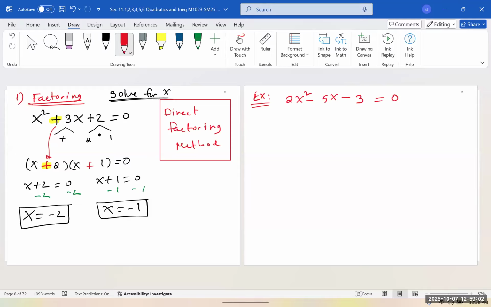Now we cannot factor directly because our x squared has a coefficient of 2. So in this case, there is a method called the AC method.